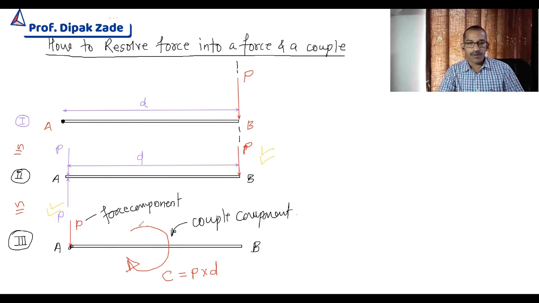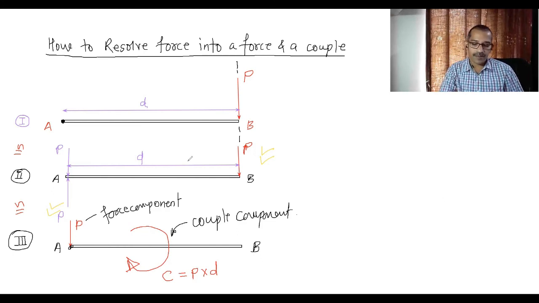And the couple component, what are you getting? C is P into D, in the clockwise direction. If you find in the first case the moment of this force P about point A, it is P into D clockwise. That means the couple component is the same as the moment of the original force about the new point of application.